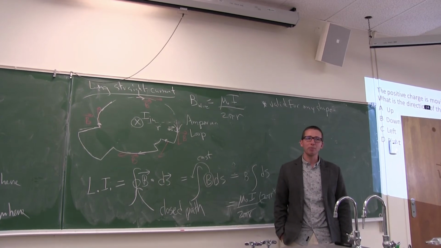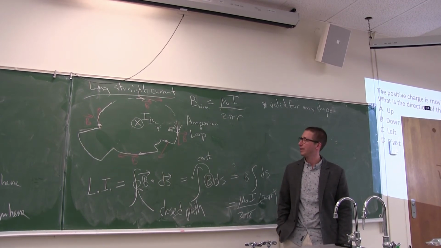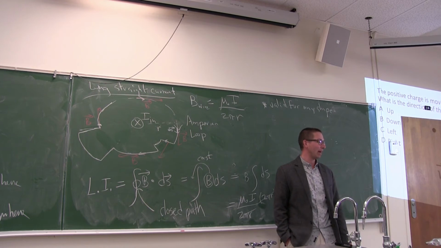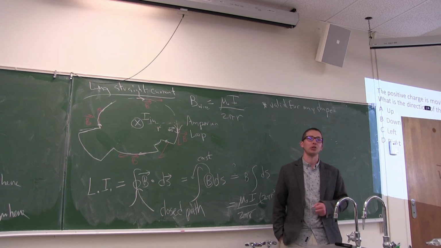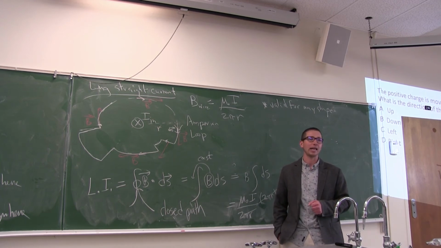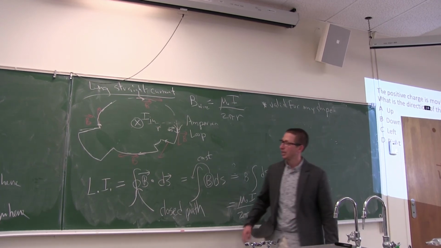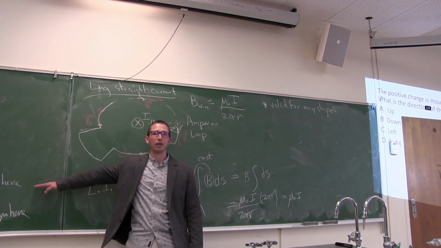So when I take the dot product between B and ds at that point, it's 90 degrees. The cosine of pi over 2 is what? 0. So those contributions don't give me any contribution to my line integral, because it's perpendicular everywhere.